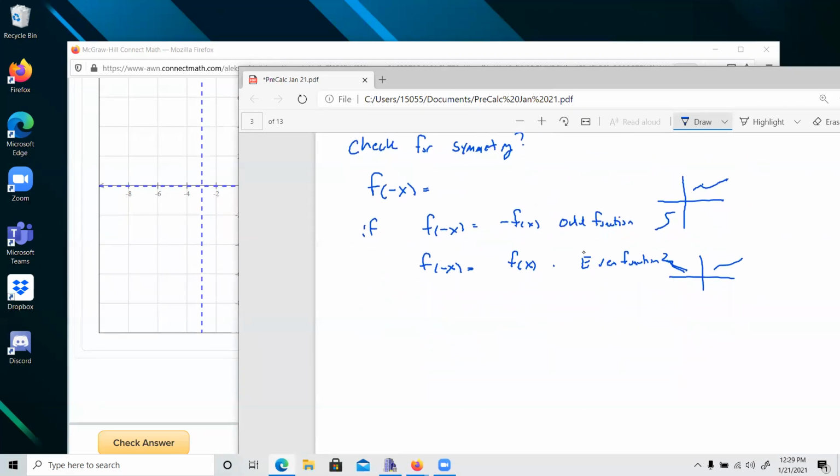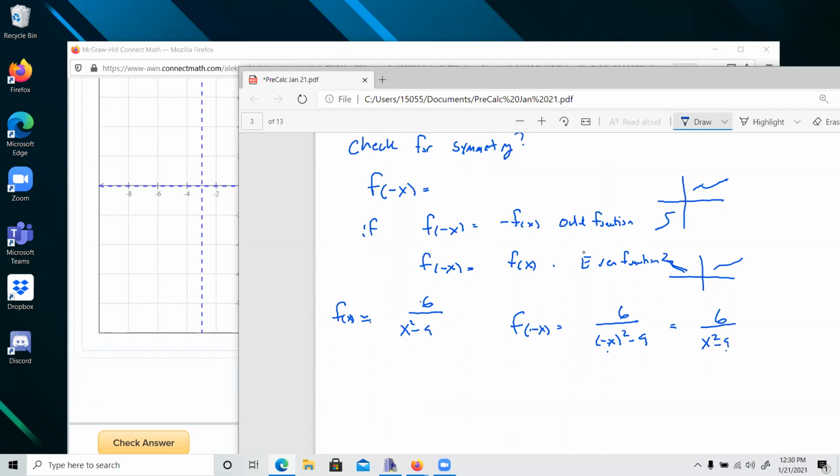Okay, so let's check. We've got 6 over x squared minus 9. This is equal to f of x. What if I try f of negative x? Everywhere we see an x, we're going to replace it with negative x. When we simplify this, I got the same thing.